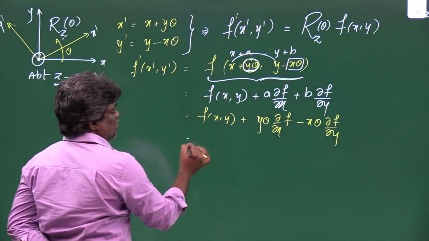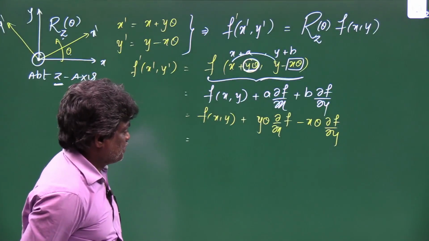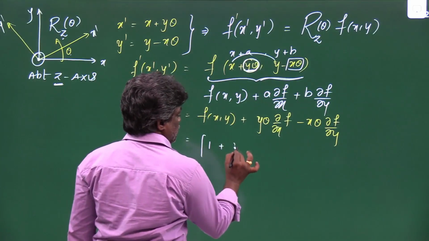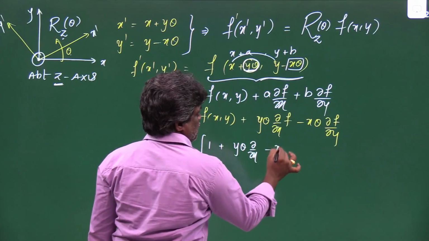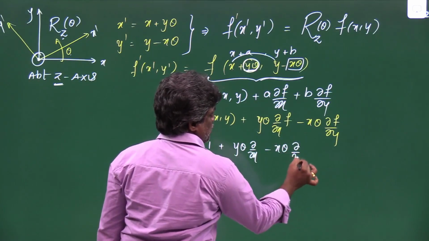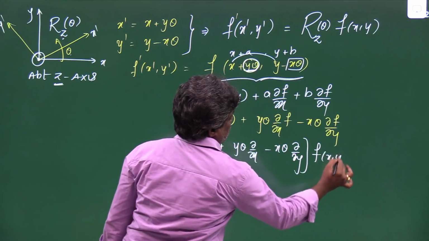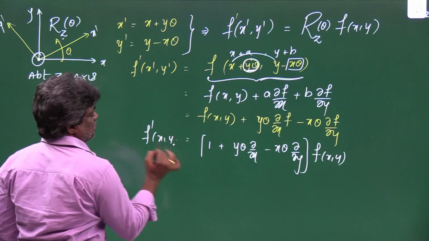Right. Now, throughout if you see, f is common. So I am writing like this: 1 plus y theta del by del x minus x theta del by del y, into f of x, y. This is my new function f dash.